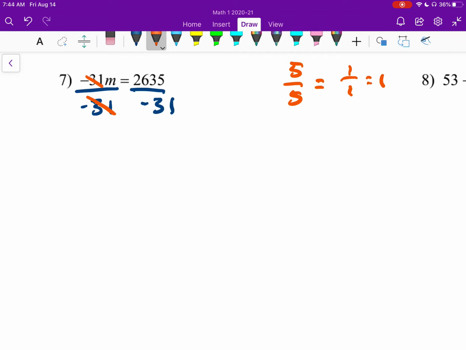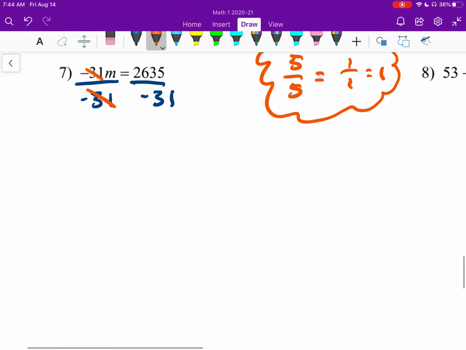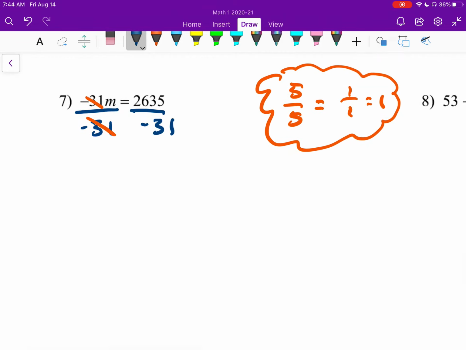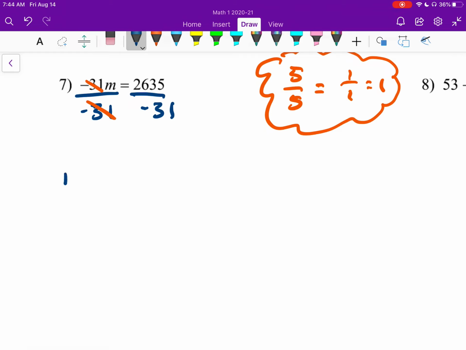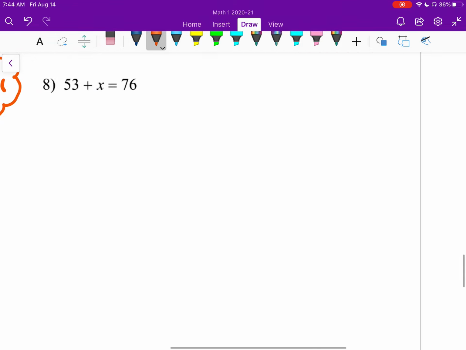This is the idea that we're using to be able to do this. I'm left with m equals, and now I'm going to type this in my calculator, 2635 divided by negative 31, and I get negative 85. There's my answer.